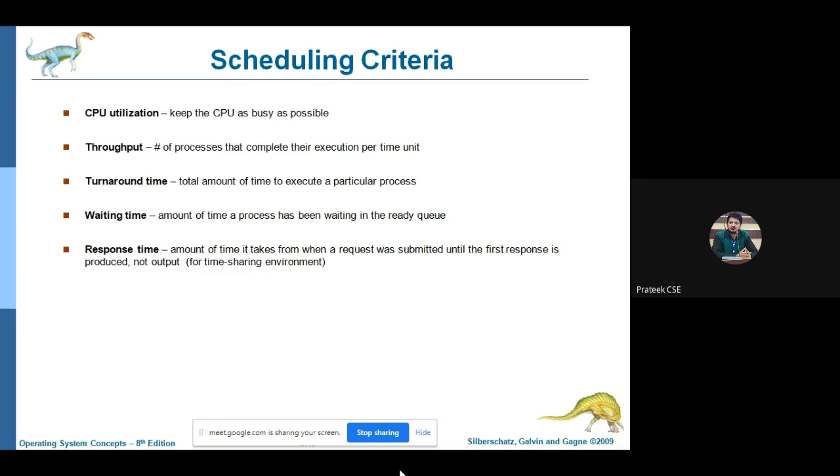The first time it is allocated to the CPU is known as the response time. So these are some of the terms which you must remember. So arrival time is the time whenever a process enters into the ready state or ready queue. Then CPU burst time is the total time which a process requires to execute on the CPU.